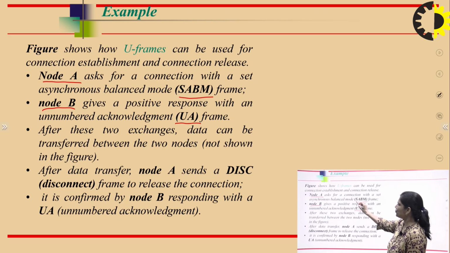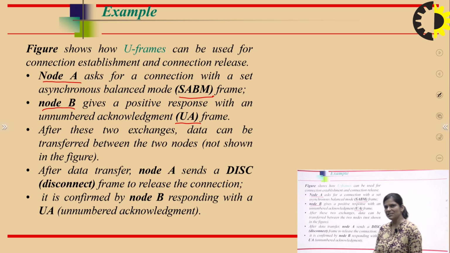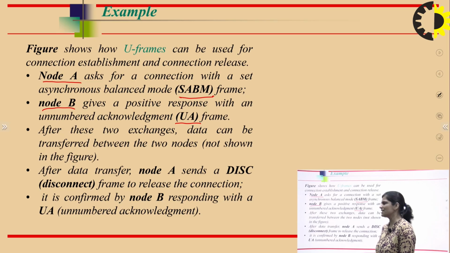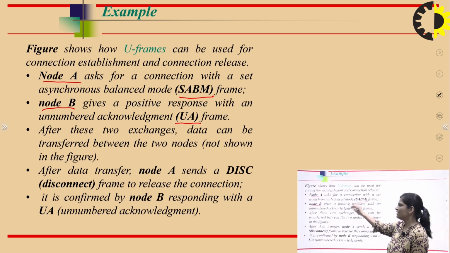So you should know the frame format when we put this SABM in the code, how we can establish a connection, and how we can disconnect the connection between receiver and sender. You should know these codes when we are connecting and sending data from sender to receiver. So we are taking this example. After data transfer, first we have to establish the connection, then we send the data from sender to receiver.